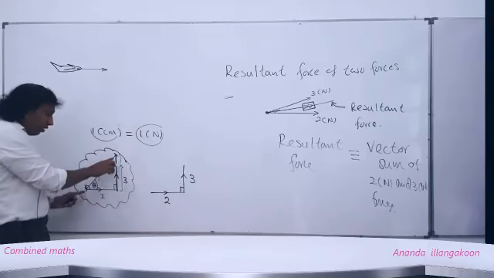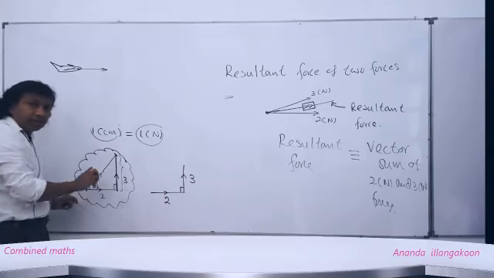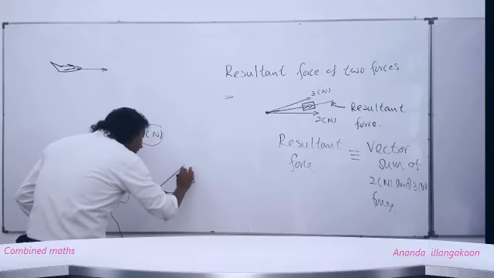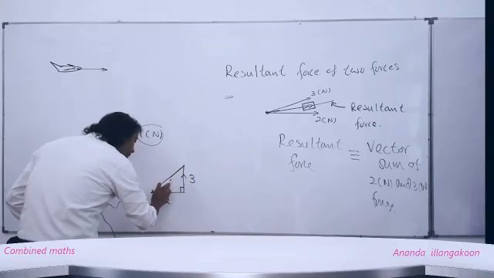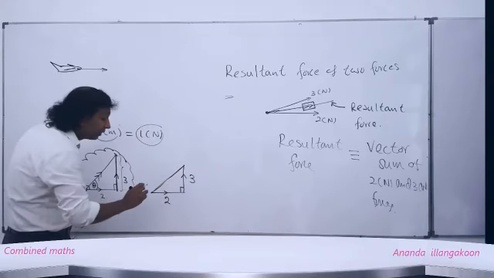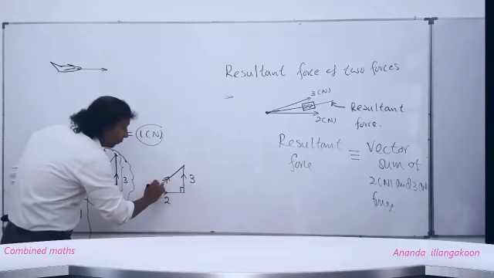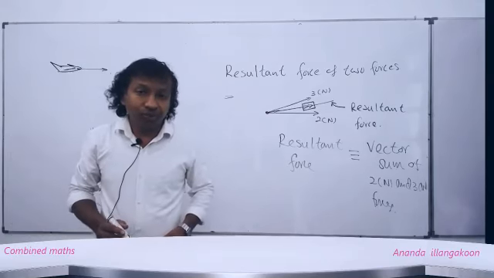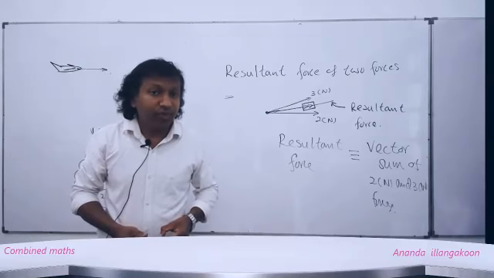Then we notice this gives the resultant. So this is the third side of the same triangle. The third side will give the resultant force of those 2 forces, or the vector sum of those 2 forces.